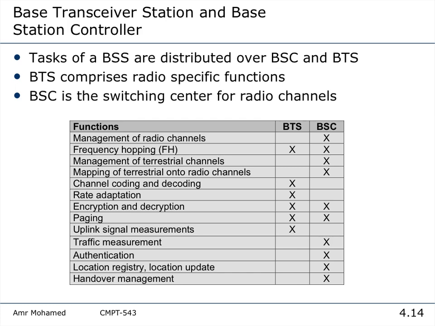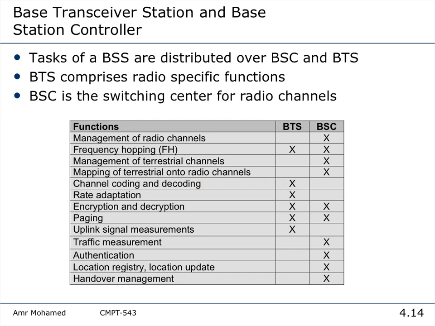When it comes to physical layer functionality, you have channel coding and decoding. By channel coding here, we mean the redundant bits that we add to the traffic to provide an error recovery or error correction mechanism. That's done at the radio link using the base station.